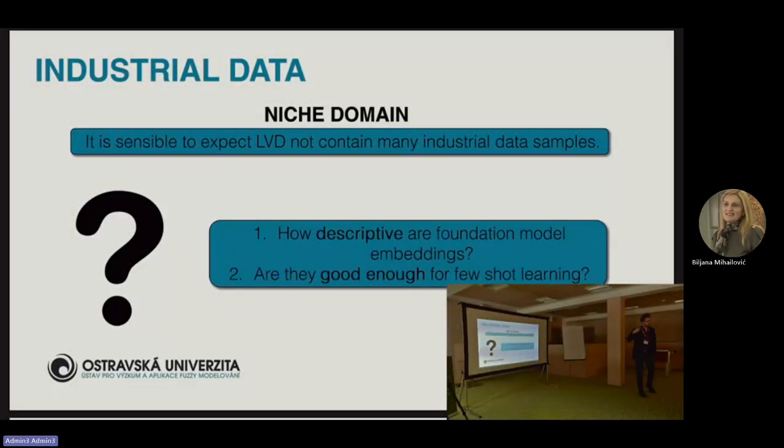In the case of DINO version 3, it is pre-trained on 1.7 billion images that are curated and taken from 17 billion Instagram posts. We can make the assumption that people most likely don't share industrial data on Instagram.